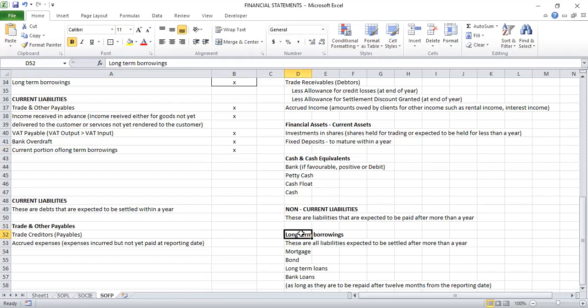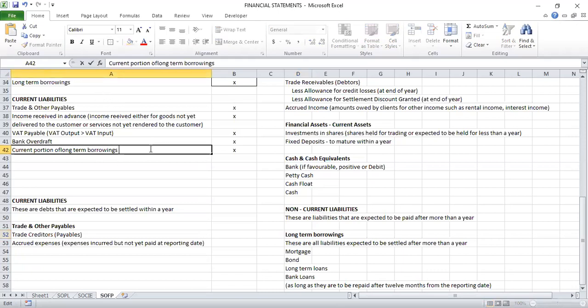But it can happen that some of them are paid in installments. For example, when you buy a motor vehicle on credit, you may be paying over 5 years. The fact that you are paying for more than a year, that's a long-term borrowing. But you have got 12 installments that are to be paid within the next 12 months. Maybe you are paying monthly. So those 12 installments you are going to pay monthly will no longer be under non-current, they will be recorded under the current liabilities.